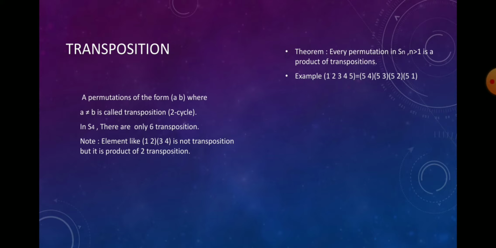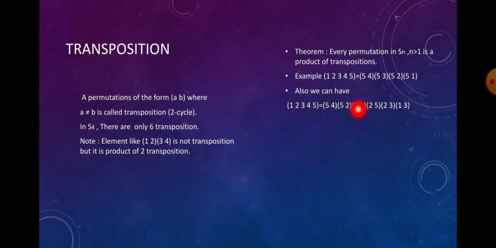Hence, this is nothing but a transposition representation of the given permutation. The question arises: is this representation unique? Can you write it in some other way? The answer is yes, you can write the given permutation in some other form of transpositions also, since I could write my given permutation as a product of these 6 transpositions. So the theorem was just telling us you can write every permutation in terms of transpositions, but there is no unique representation.